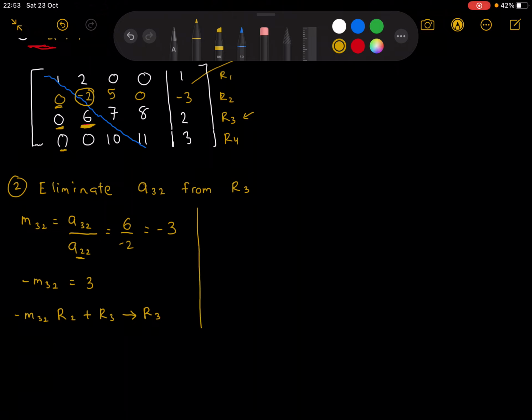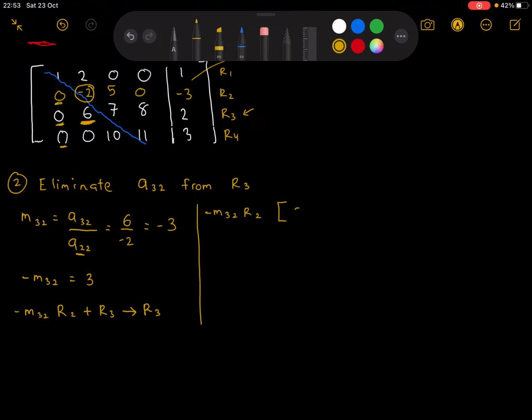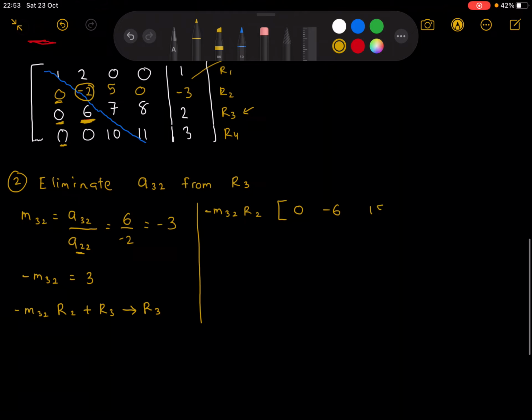So let's calculate negative M32R2 first. 3 multiplied by 0 becomes 0. 3 multiplied by negative 2 becomes negative 6. 3 multiplied by 5 becomes 15. And this one is 0, and then 3 multiplied by negative 3 becomes negative 9. So that is negative M32R2.